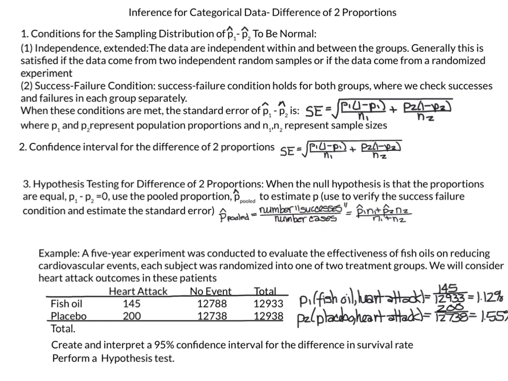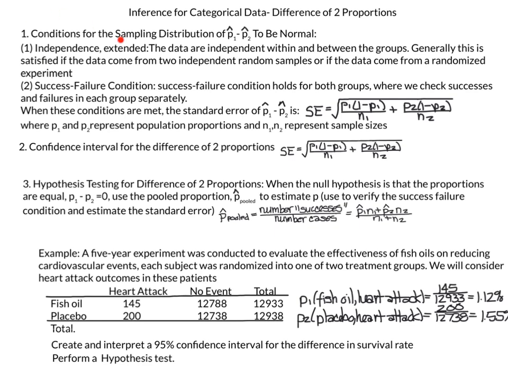And if it's not given to you in a chart where you can easily read off the number of successes and number of cases, you can use this formula here: P1 hat times N1 plus P2 hat times N2, all over N1 plus N2. We will do this example to illustrate all three: the conditions for the sampling distribution, confidence interval, and hypothesis testing. And we'll do this example in the main part of our video. So that concludes our summary.